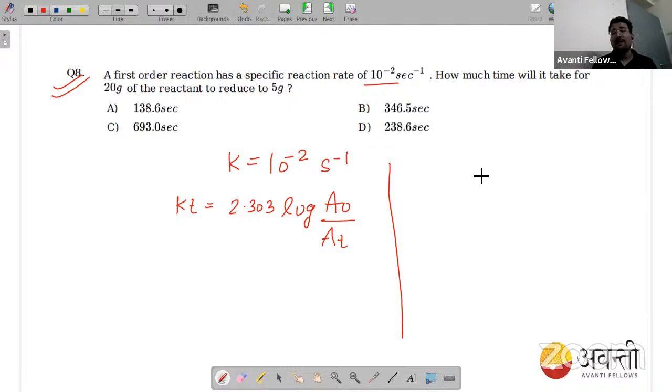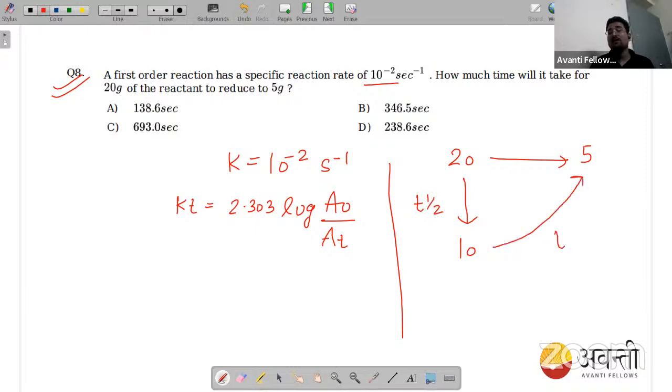But the second method: we have to reduce it from 20 to 5 grams. For reducing a reactant from 20 gram to 5 grams, first we have to reduce it from 20 to 10. It will take 1 t half. And again 10 to 5, it will take another 1 t half. So that means for reducing this reactant from 20 gram to 5 gram, we require 2 t half. Is that clear?